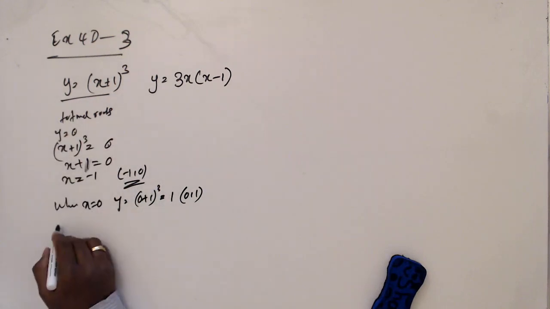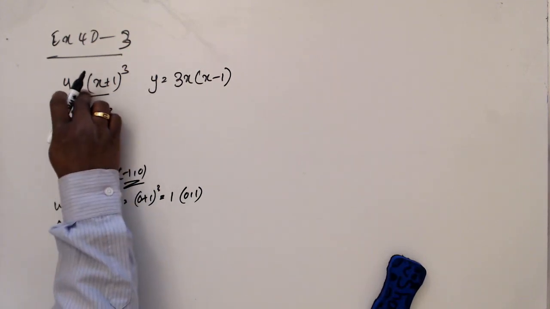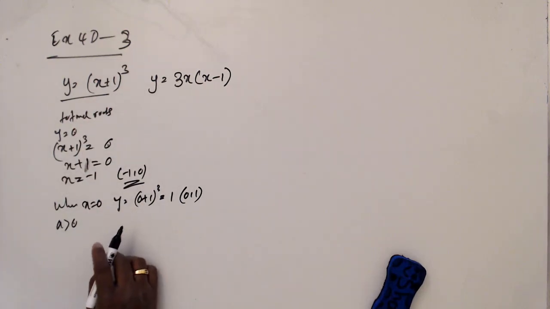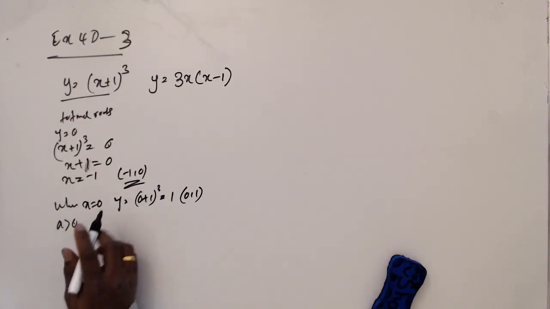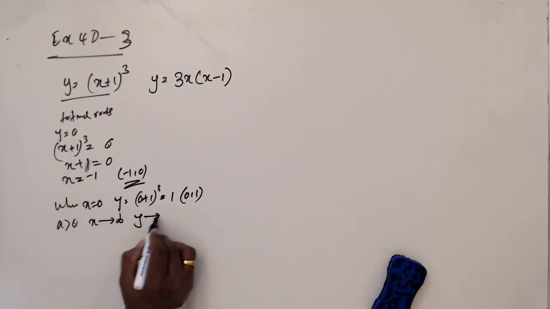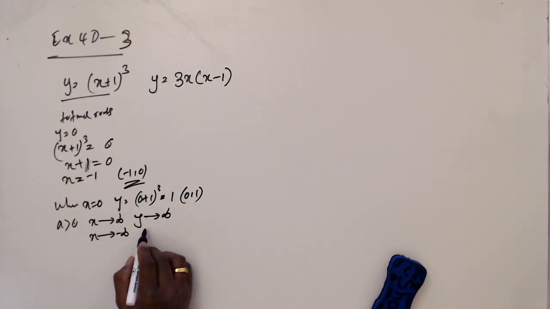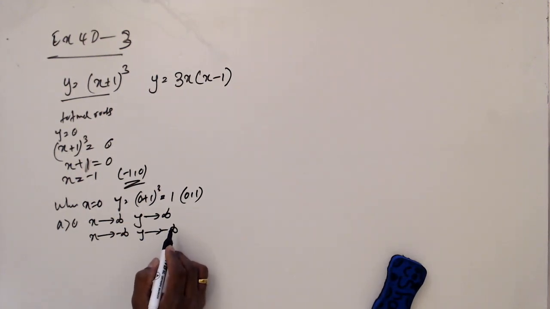And the a value greater than 0 means the coefficient of x cubed is positive. That's the meaning I wrote here. A greater than 0 means x goes to positive infinity, y goes to positive infinity, and x goes to negative infinity, y goes to negative infinity.